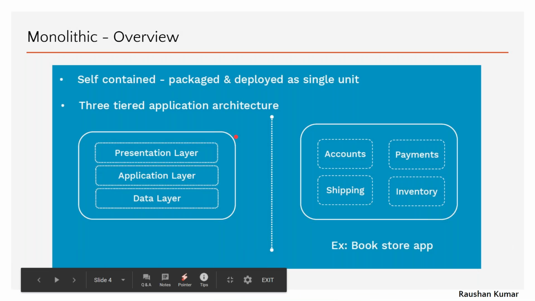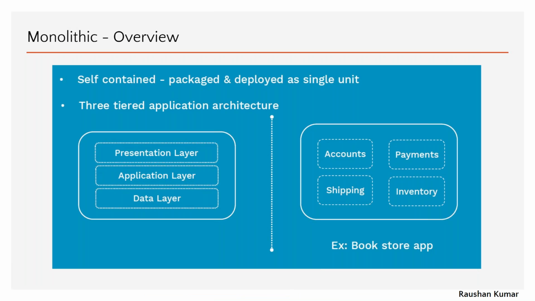To start with, what are monolithic applications? Currently, most of you would be working on three-tier applications. When I say three-tier applications, I mean the presentation layer, that's your web server. Mostly you'll have some kind of web server here.